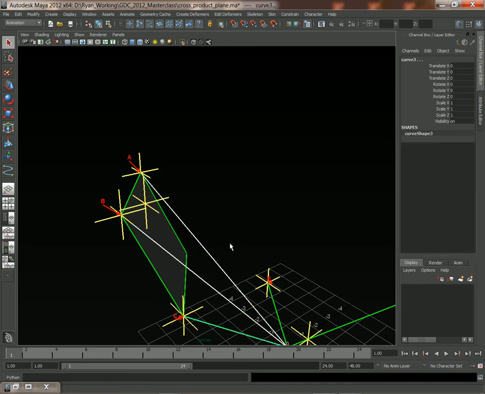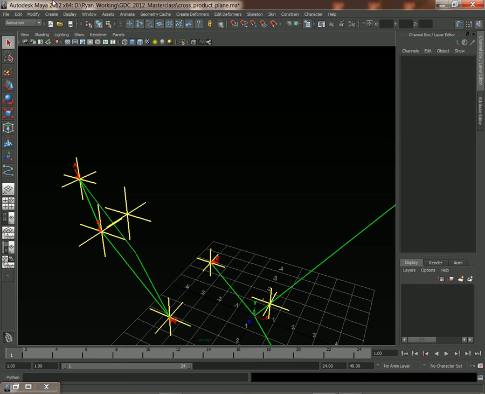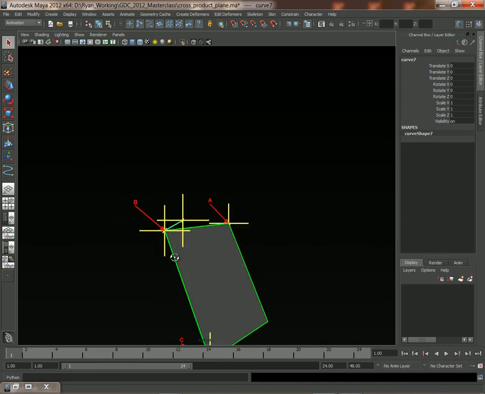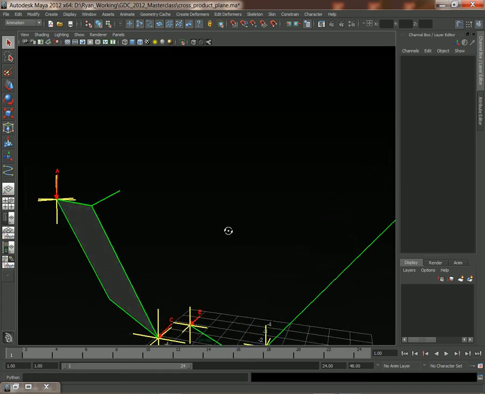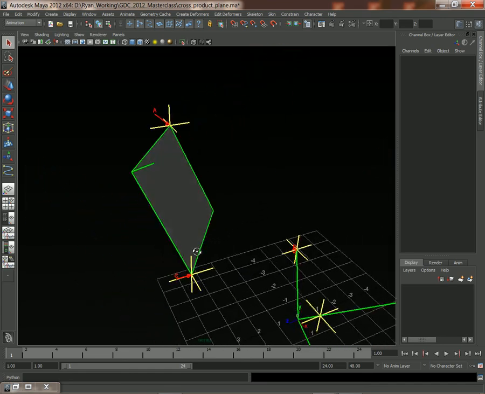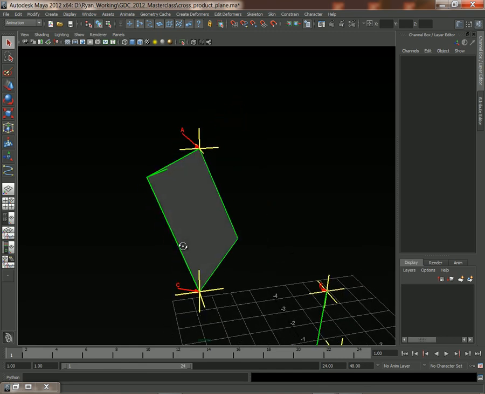So if I remove those vectors, I can just draw a quick line. Then you can see that this line here is perfectly orthogonal to the other two vectors, and you have your cross product.